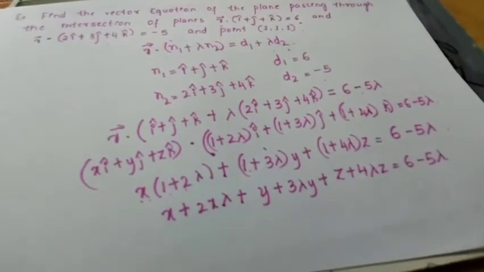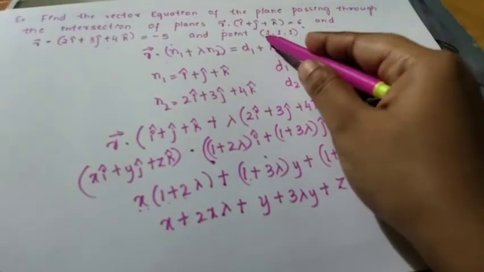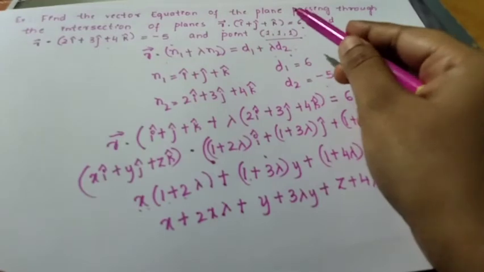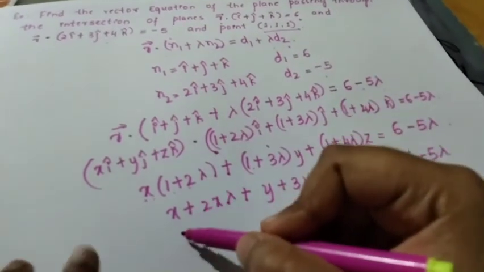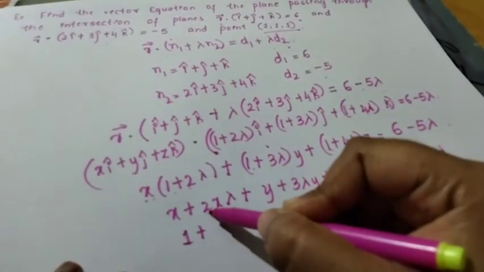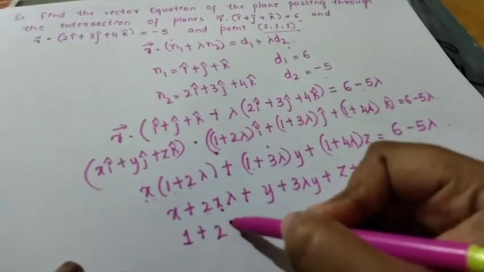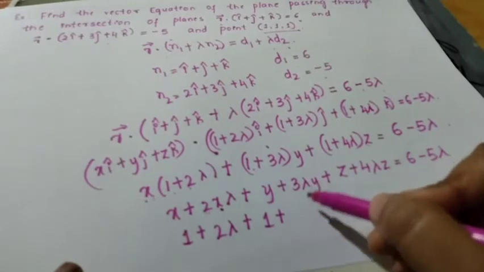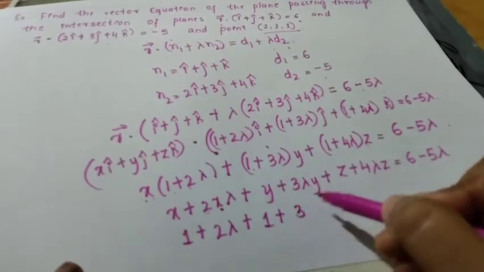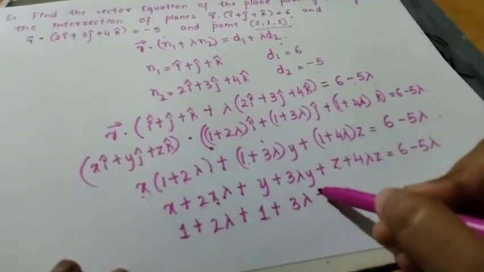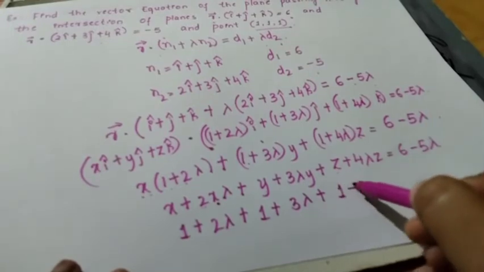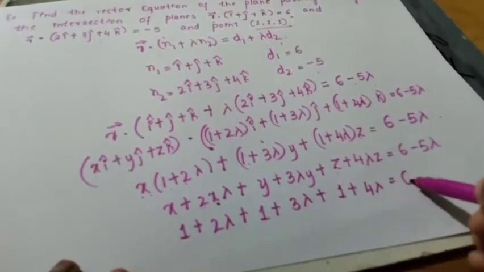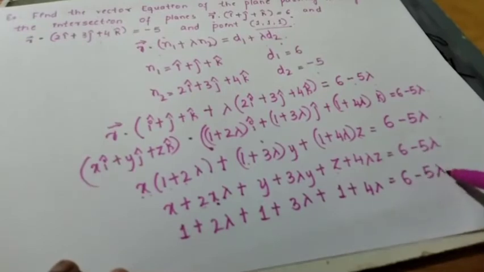Clear? Now they have given it passes through the point 1, 1, 1, means x, y, z value is 1, 1 and 1. I substitute now: 1 plus 2 into 1 is 2 lambda, plus y value is 1 plus 3 into lambda is 3 lambda, plus z value is 1, here also z is 1, 4 times lambda, is equal to 6 minus 5 times lambda.